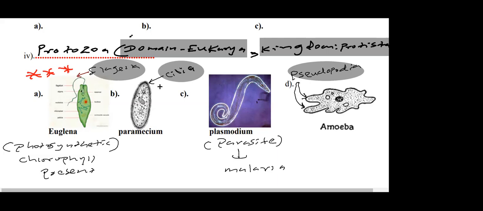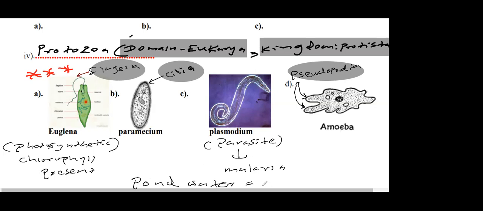Plasmodium lives in your blood if you get the disease malaria. Paramecium is aquatic, Euglena also. How can you observe all 3? I don't know whether you remember from chapter 6, you put a sample of fresh water. Pond water might contain, except for malaria, all the 3.